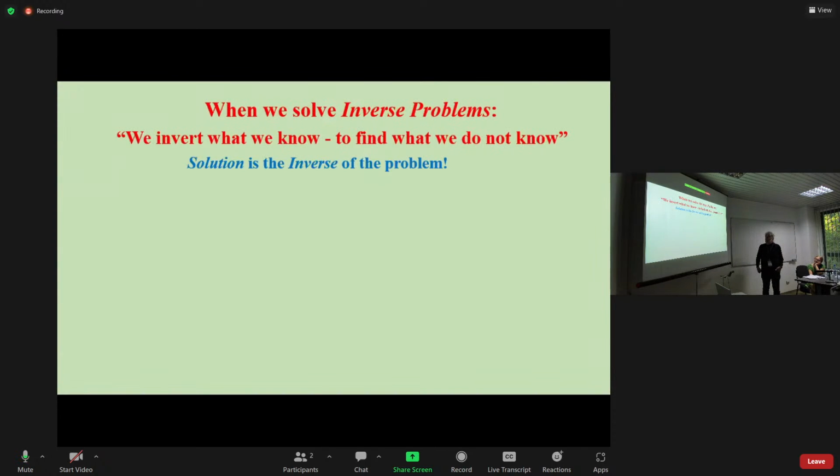Okay, so about inverse problems, actually you all, what I've been hearing today, when you do imaging, you solve inverse problems, you don't reflect so much about it, but if we stop to think about it, when we solve inverse problems, we invert what we know to find something we don't know, and this way a solution is the inverse of the problem.